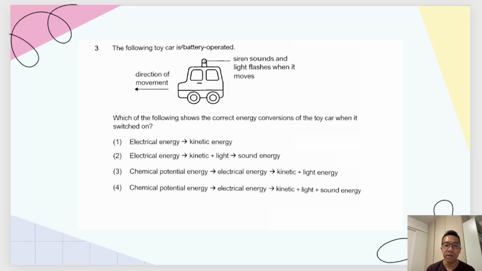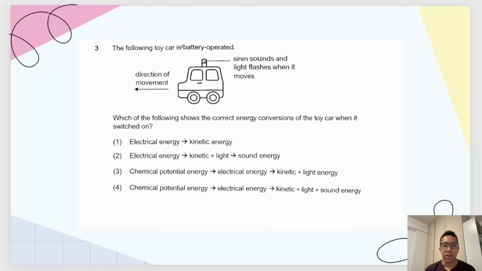So the answer here is either 3 or 4 because you have to start off with chemical potential energy that is present in the battery itself. Then and only then is that chemical potential energy converted to electrical energy, which powers the car altogether.